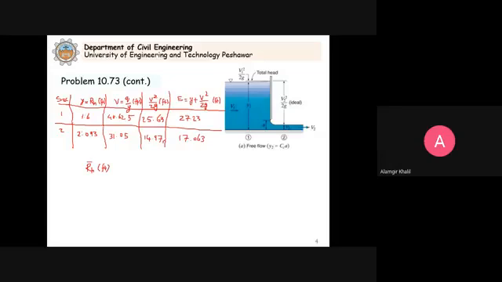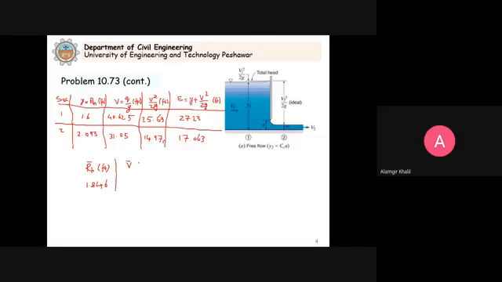This will be the average of the two: 1.6 plus 2.093 divided by 2. So this is how we will calculate the average. Clear? So this will be equal to 1.846 feet.